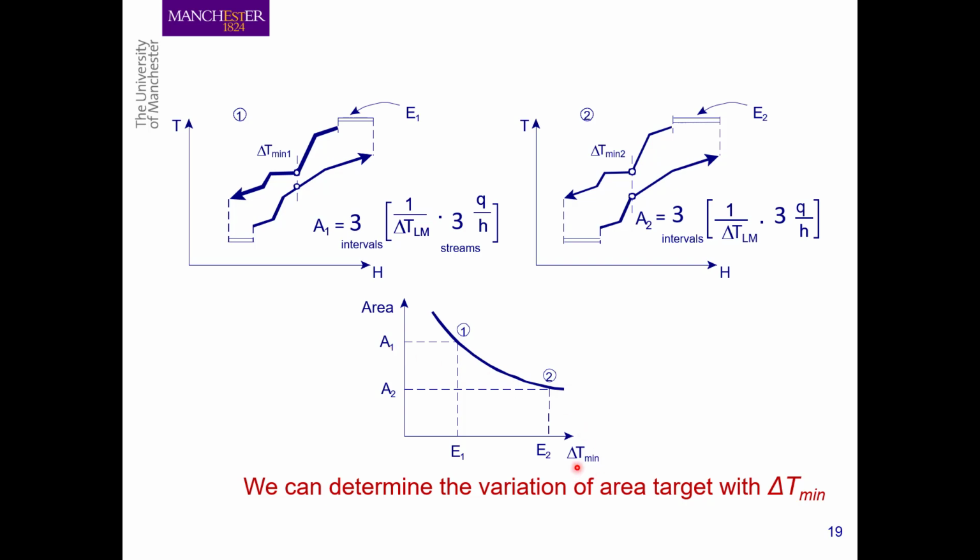But if you increase the value of delta T min, you reduce your area requirement, but you have much higher energy targets. Okay, so when we are designing HEN networks, we are always looking for an optimal value of delta T min where we can balance the area target and the energy targets.